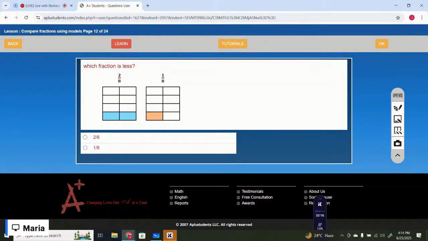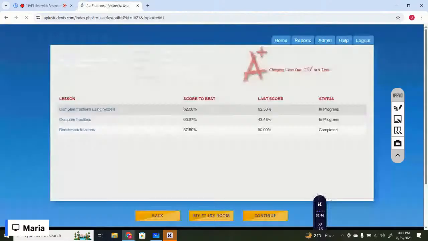Which fraction is less, 2 by 8 or 1 by 8? That is 1 by 8. Option number 2 is the correct option. Okay, you can complete the lesson by yourself later today. Let me move on to the next lesson.